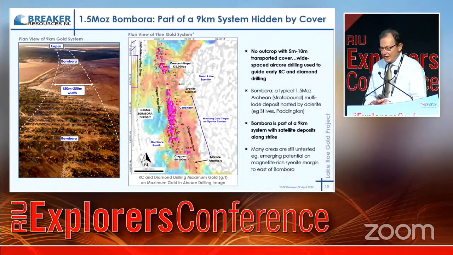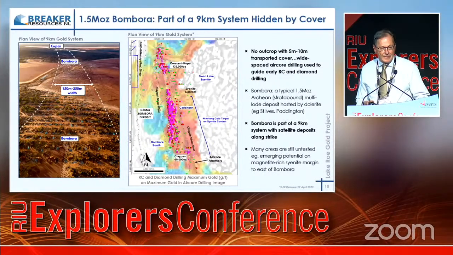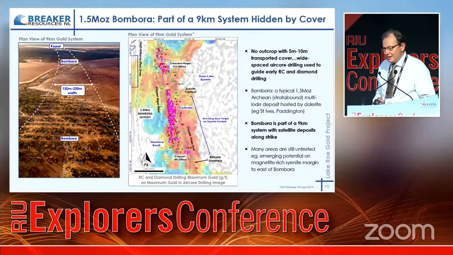This is what it looks like. You're looking at a 9-kilometre gold system. On the left, there's not much sticking out of the ground, but the mineralised zone there that the initial pit will target is 150, 200 metres wide. Fantastic. The drill holes you see on the right are RC and diamond holes, colour-coded by max downhole gold.